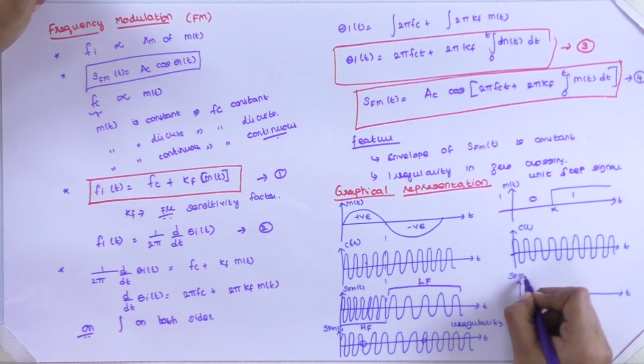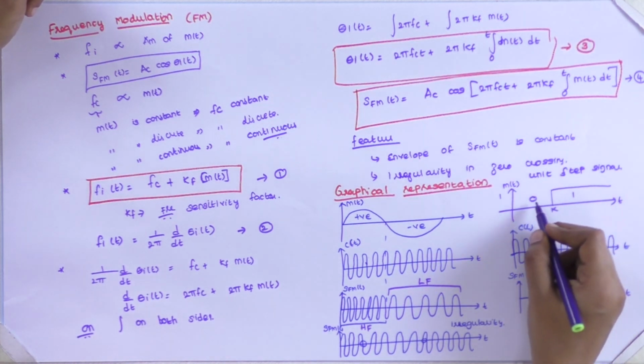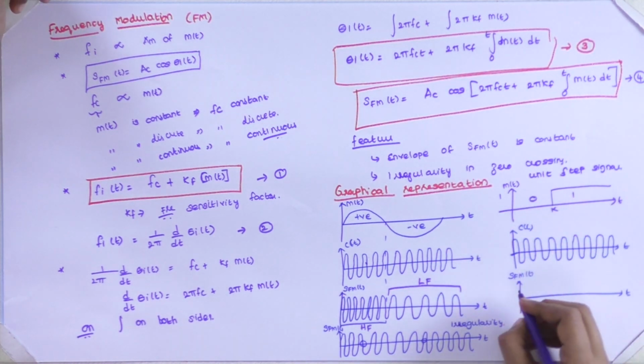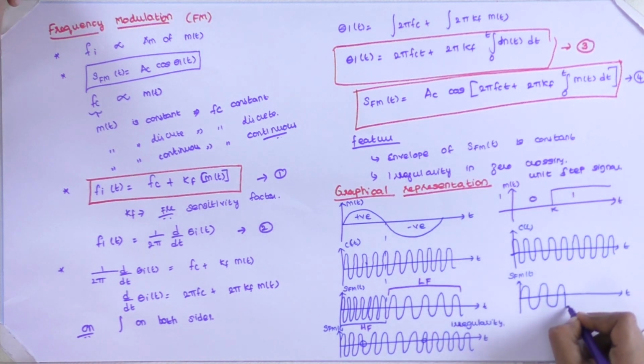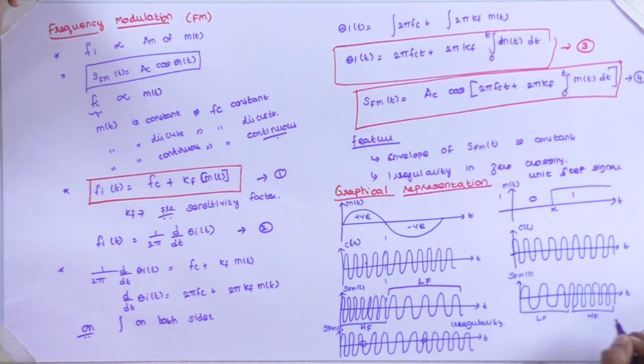This is our S FM of t. Here we have no amplitude, and here we have an amplitude. In this part we have low frequency, and from this point we have high frequency.